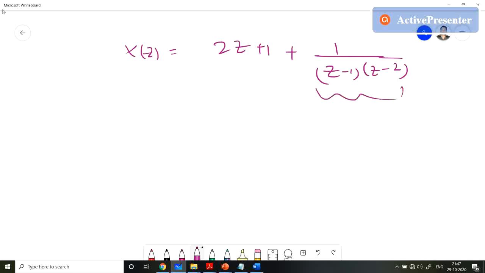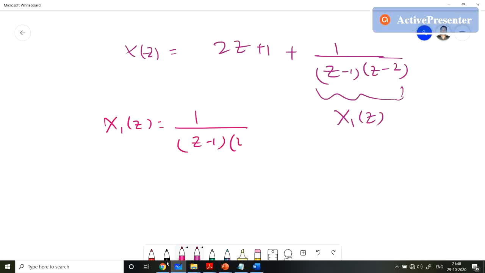Now this can be written with X1(z). So what is X1(z)? X1(z) is 1 divided by (z minus 1)(z minus 2), and we can do the partial fraction analysis for that.